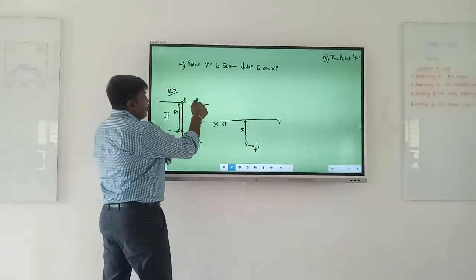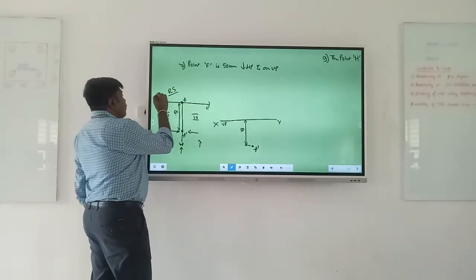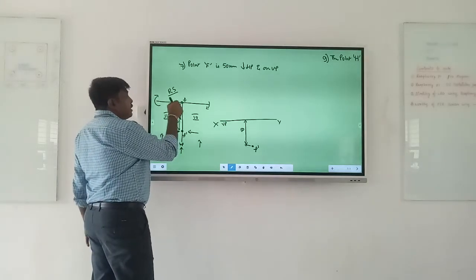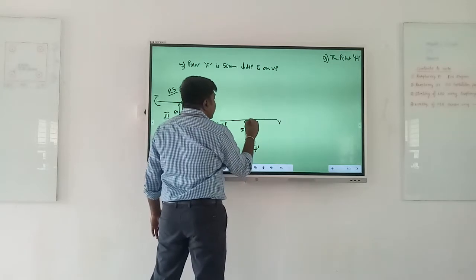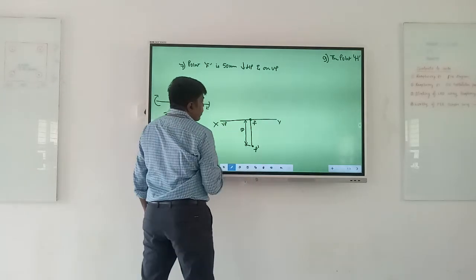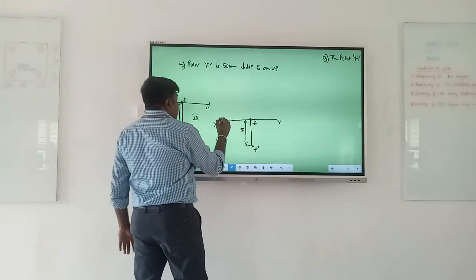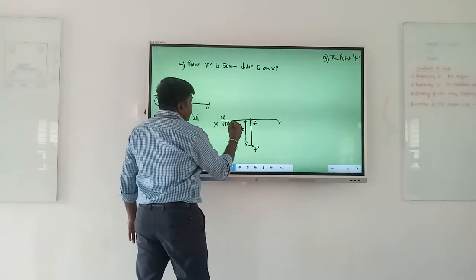HP, if it has been in front, I would have rotated, I would have got it down. If it is behind, after rotation, I would have got it up. Whereas now, it is neither in front nor behind, it is on. So when I rotate it, it will be on the origin itself. So on the origin, you have a point F. And HP, third and fourth quadrant. For third quadrant, HP will be above the line, whereas fourth quadrant, HP will be below the line.